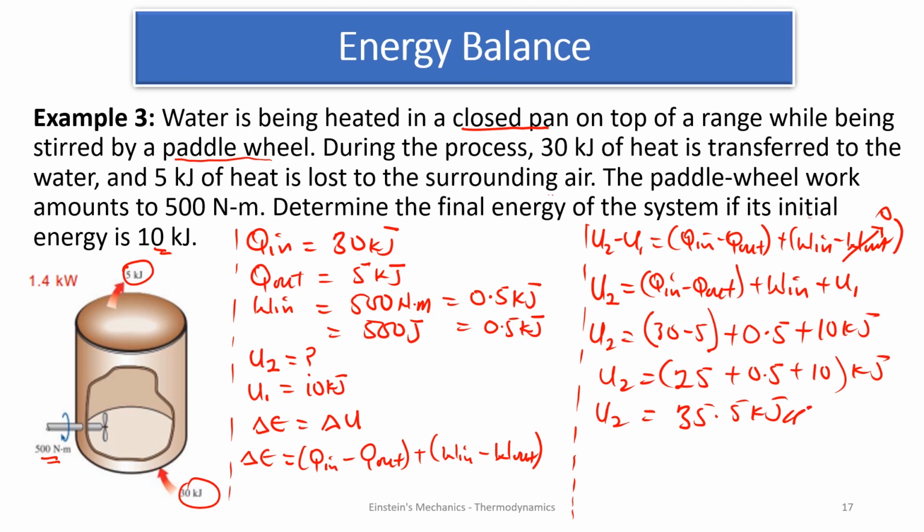So within the system, after the operation, after the heat gain, heat loss, work done, the final energy of the system will be this 35.5 kilojoule. Let's make our general analysis if it was to be objectives. So now, initially I had a system of 10 kilojoule initially.